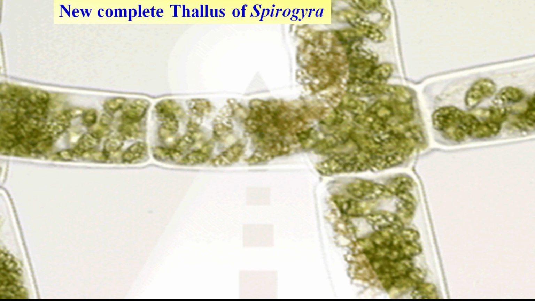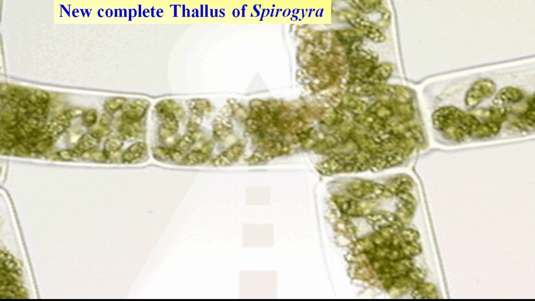Here is a very beautiful photograph of a new Spirogyra thallus, which later undergoes a successive mechanism of divisions. Basically it is a mature, fully grown Spirogyra filament, which is studied for its cell structure and details.